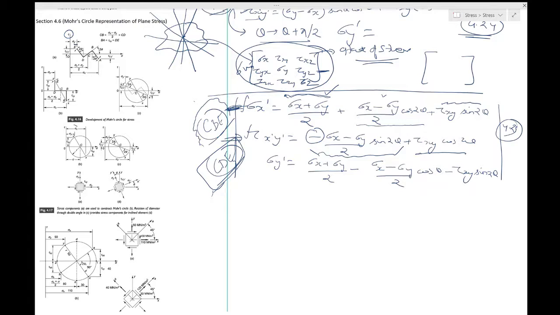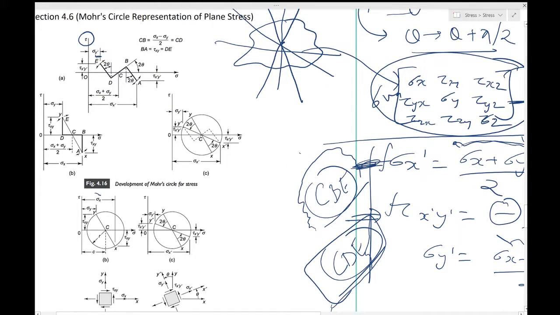Now in this figure which we have just seen, 4.16a, the line ABCDE with its two right angle turns at B and D. There are two right angle turns, shown by these points, B and D. This line ABCDE with its two right angle turns at B and D is completely fixed by the original set of stress components sigma x, sigma y, tau xy.